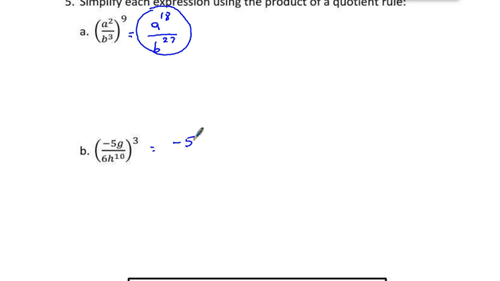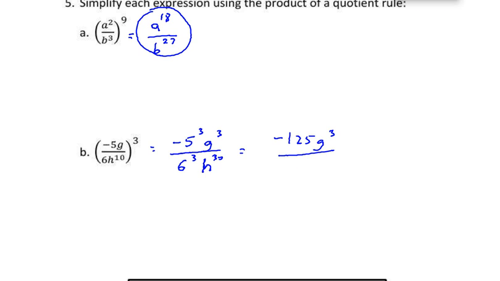Negative 5 cubed times g cubed divided by 6 cubed times h to the 10 times 3, or 30th. 5 cubed is 125, so negative 125 g cubed divided by 6 cubed, which is 216, h to the 30th.